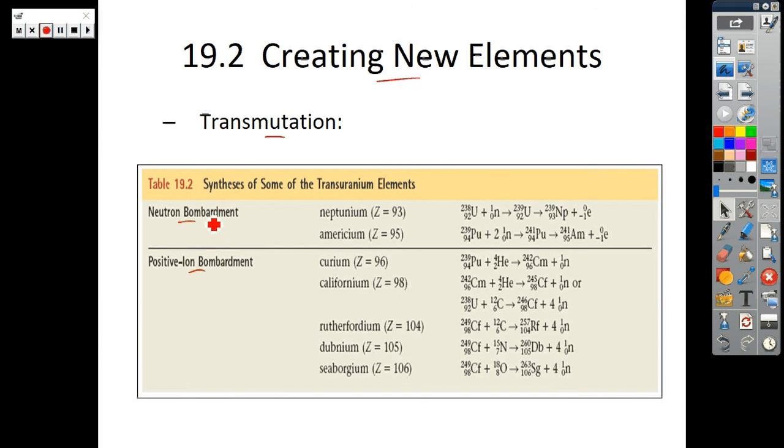Basically, it means we're hitting an existing atom with a neutron. So, if you hit a uranium atom with a neutron, you think, well, wait a minute, the number of neutrons doesn't change the identity of the element. But oftentimes, what can happen is that if you create an isotope of that element that tends to go through a beta decay, then that element can actually go up in atomic number by accepting the neutron and then a subsequent beta decay.